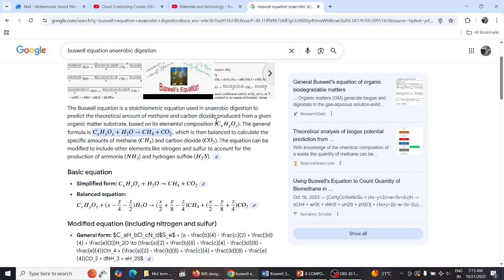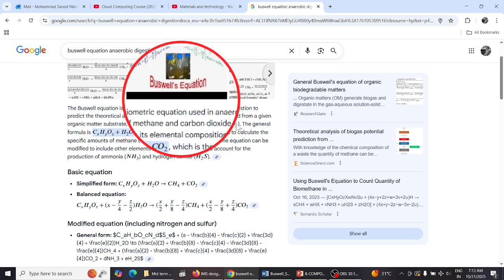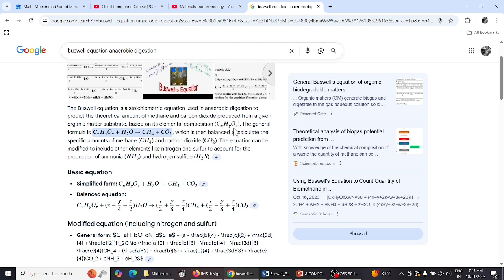For the general formula CaHbOcNd, it will form methane and carbon dioxide. If you have nitrogen, it will yield ammonia, NH3. This is the simplified form, and this is the balanced equation.